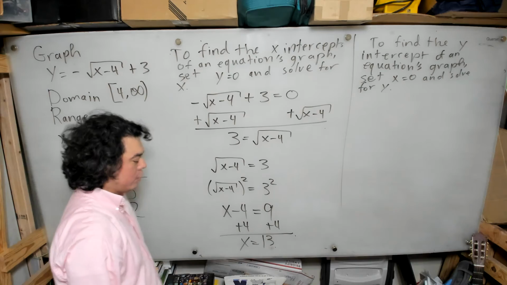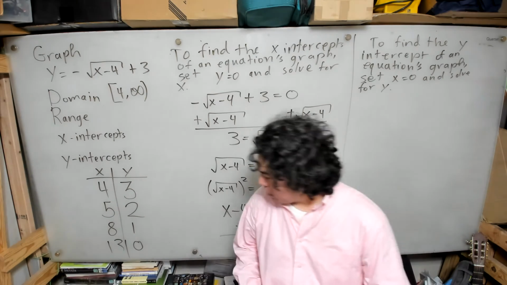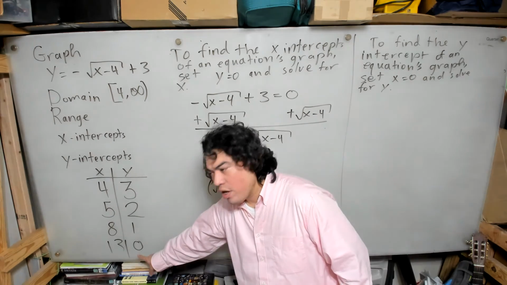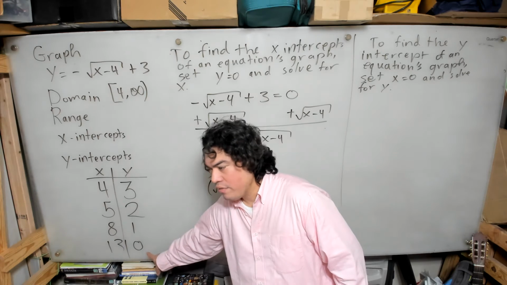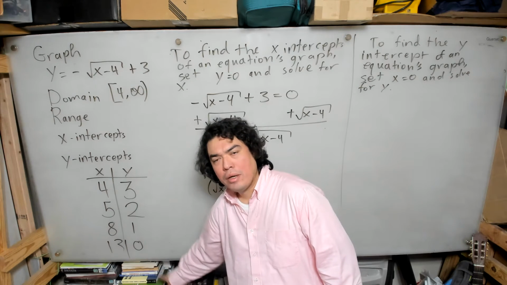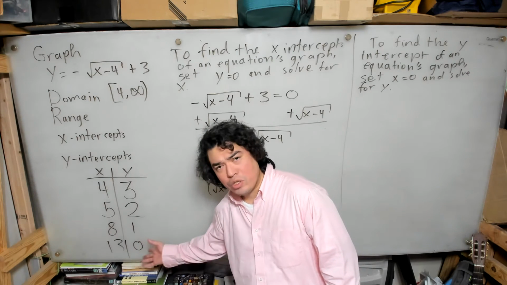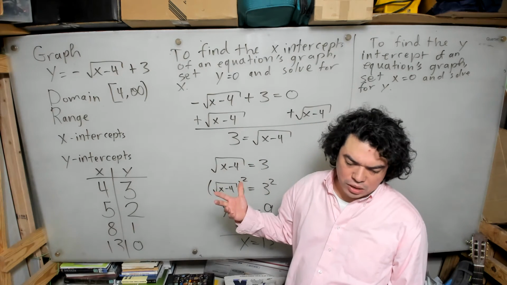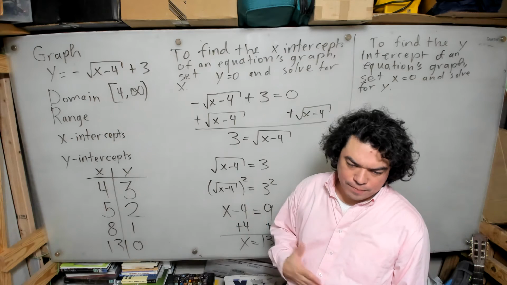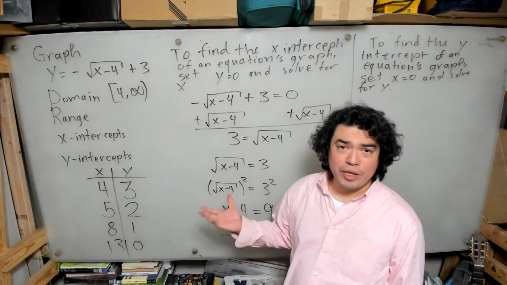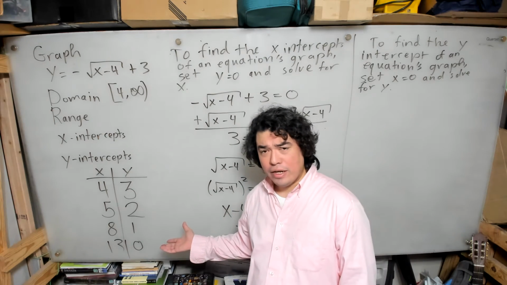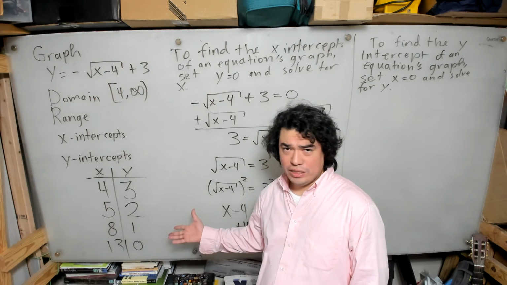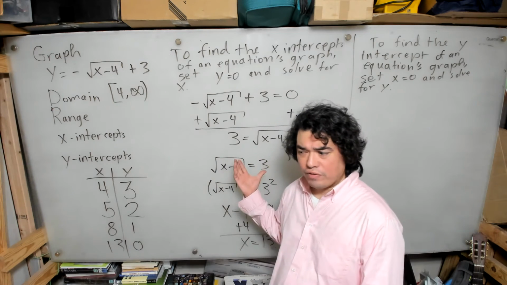Okay? And of course that is precisely the x value of the x-intercept that we found in the course of making our table. But it could have been that our table did not reveal this to us, so we would have had to do it this way.